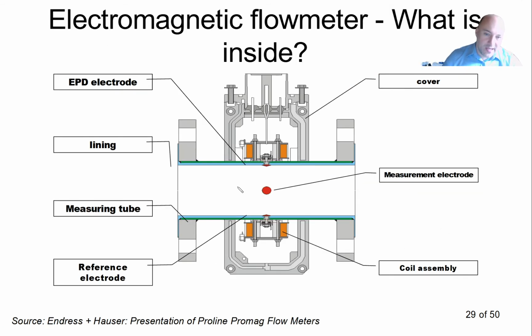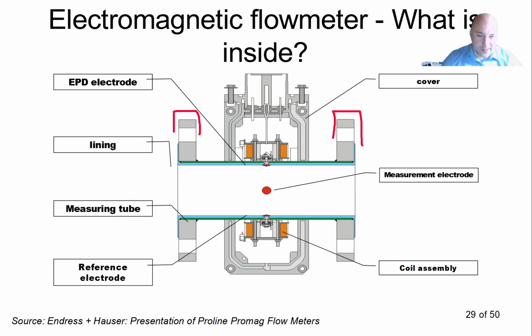How does it look if we make a cross-sectional view of this flow meter? It's an inline system, so here we have the armatures that allow us to connect the sensor to the piping system. You can see that this blue part is insulated, an electrical insulator, because we need an insulated system.